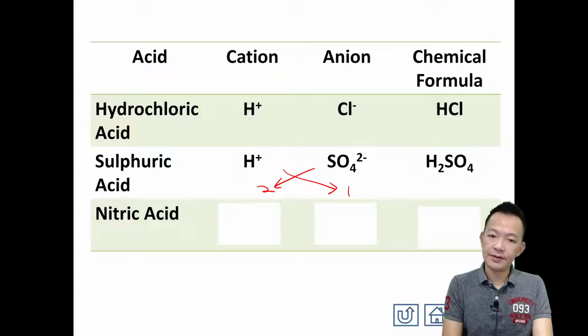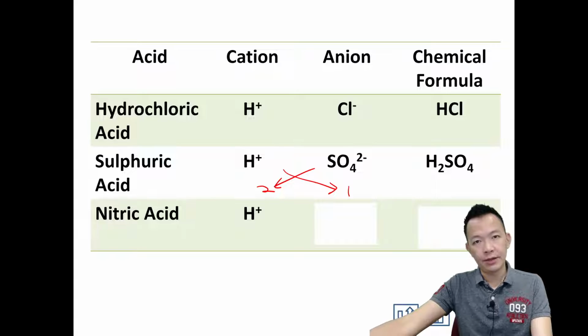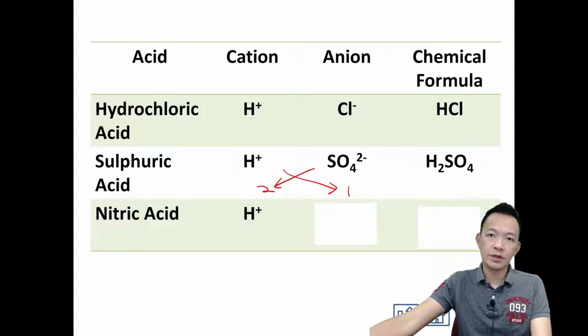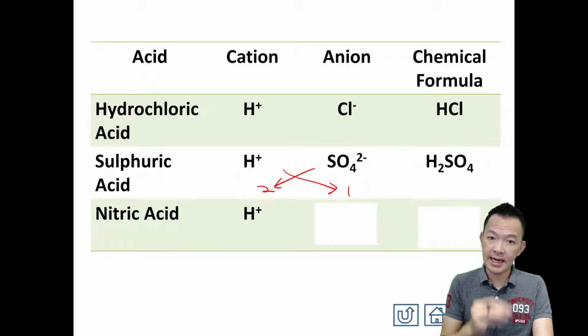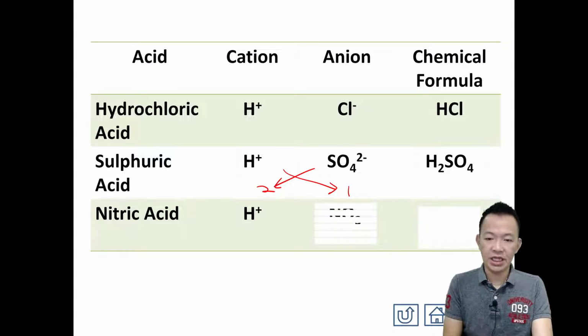Nitric acid 是谁呢？OK, hydrogen ion. For whatever acid 一定有 hydrogen ion. Without hydrogen ion, we don't call acid. 明白吗？OK, nitrate。Nitrate 其实就是 nitrate 的意思，but how about nitrate? NO3 negative, NO3 negative.